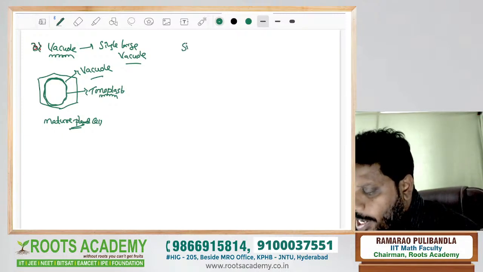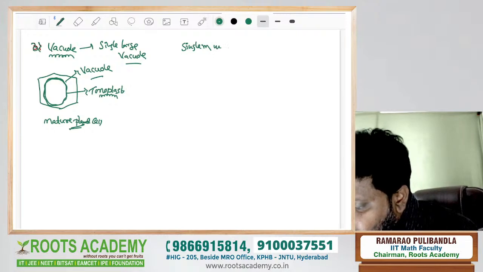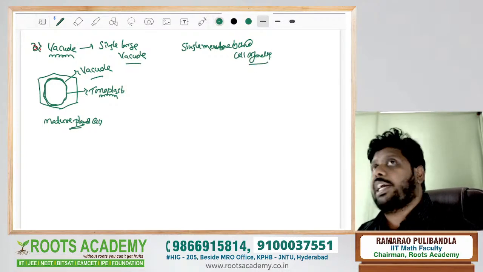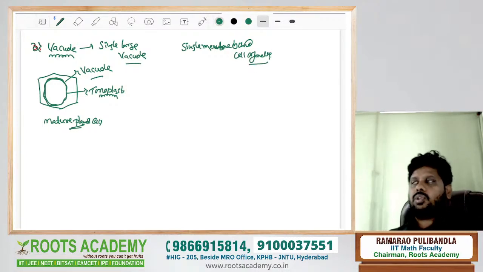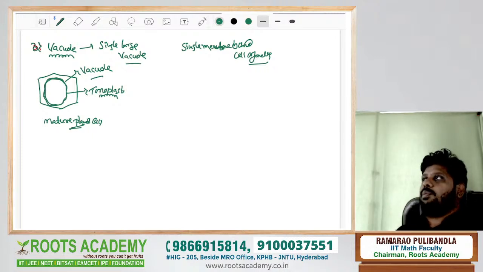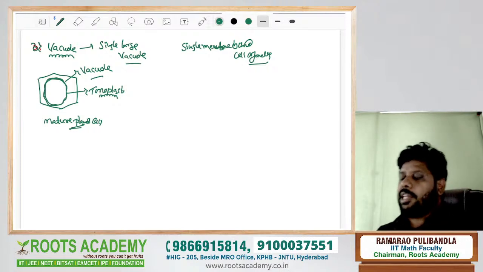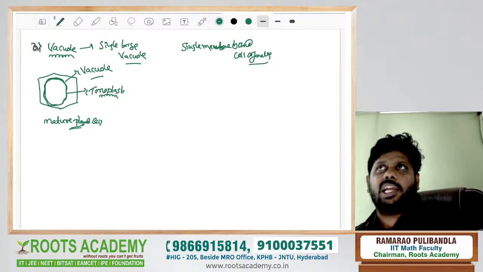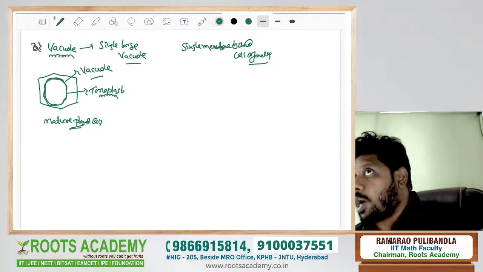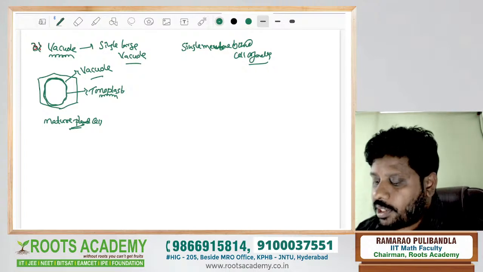Because of the single layer, it is also an example of a single membrane bound cell organelle, like the lysosome. Lysosome and vacuole are both examples of single membrane bound organelles. Around the vacuole only one membrane is present. That layer is named what? Tonoplast.